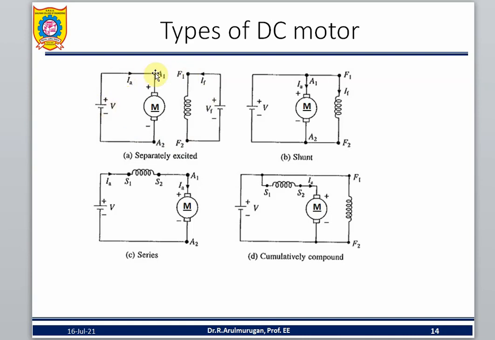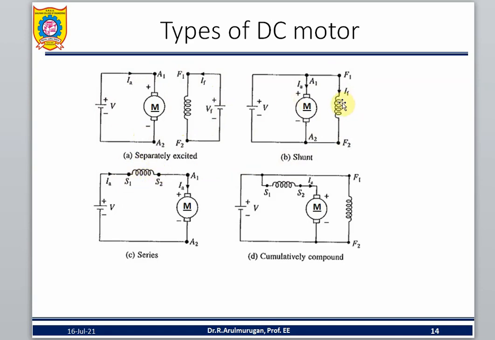The power supply is applied across both, so these two coils are shunt connected. More turns, fewer turns; thin coil, thick coil.